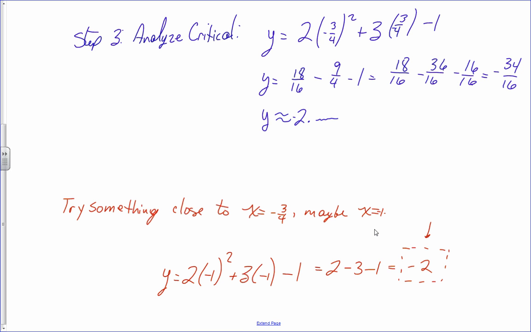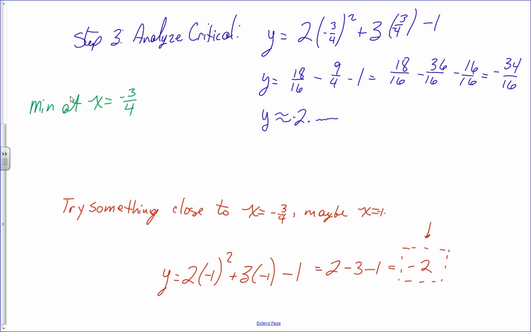It doesn't really matter, because when we plugged in negative 1, negative 2 is higher on the graph than negative 2 point something. So that means this point is physically lower on the graph than this point. So that means our function has a min at x equals negative 3/4.